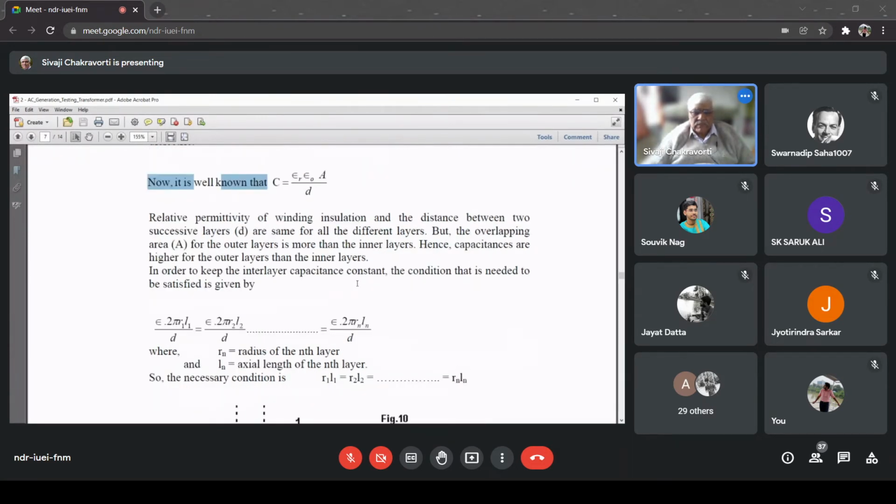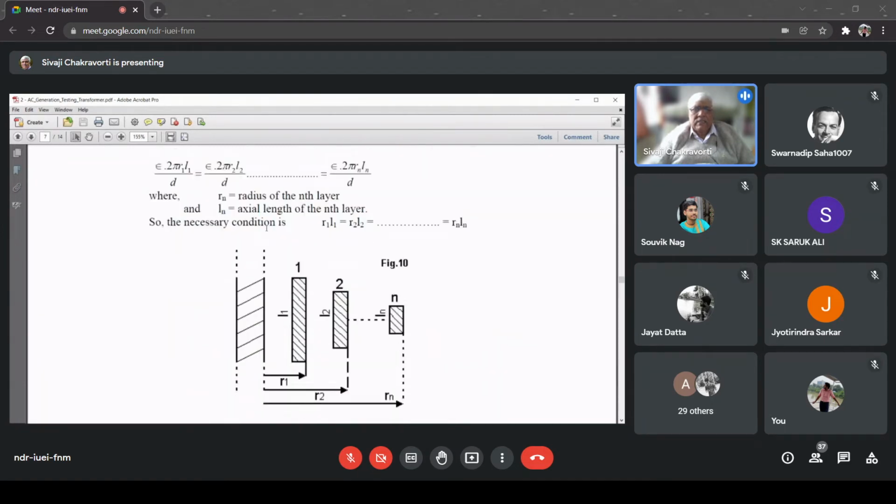Now, if I look at these windings, look at this diagram. Here at the left side is the core. Then we have multiple layers of the winding. What is happening is that when there are multiple layers, the radial distance increases from layer to layer.